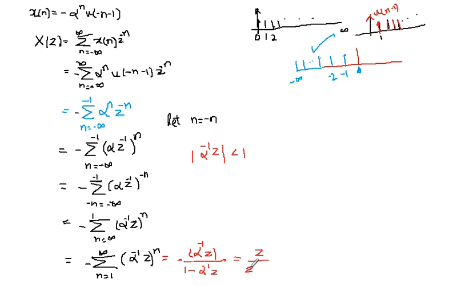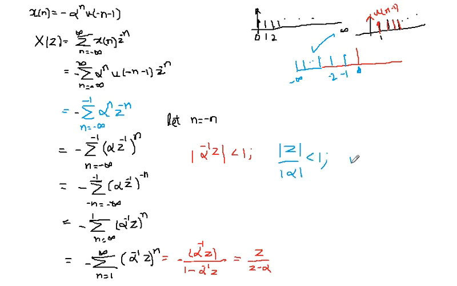So let's write it properly, z divided by z minus alpha, but with this condition, and this condition can be written as magnitude of z by magnitude of alpha is less than 1.